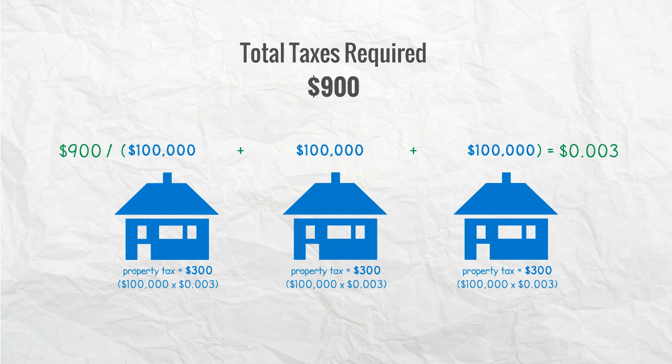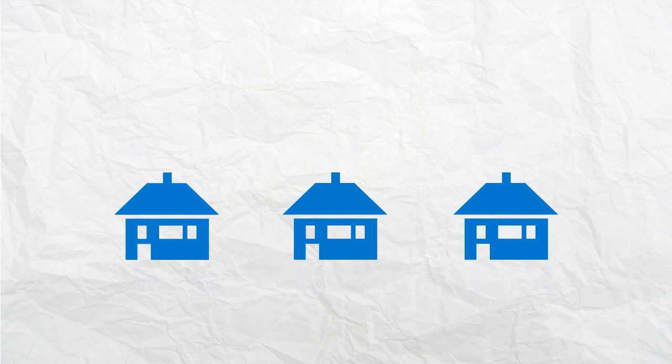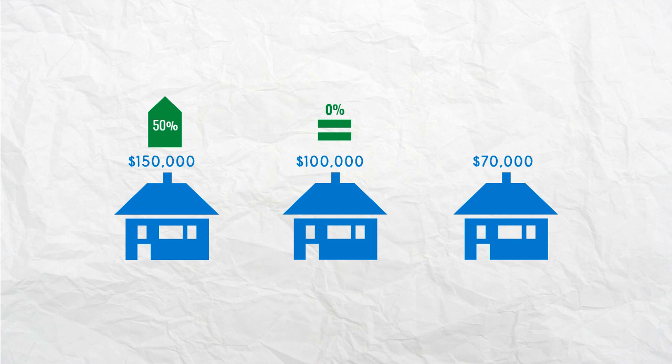This looks simple, but let's see what happens the following year when assessment values change. House number 1 is assessed at $150,000, house number 2 at $100,000, and house number 3 at $70,000. House number 1's assessed value increased by 50%. House number 2's stayed the same, while house number 3's decreased by 30%.